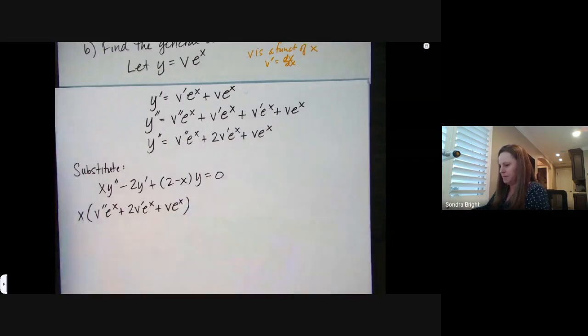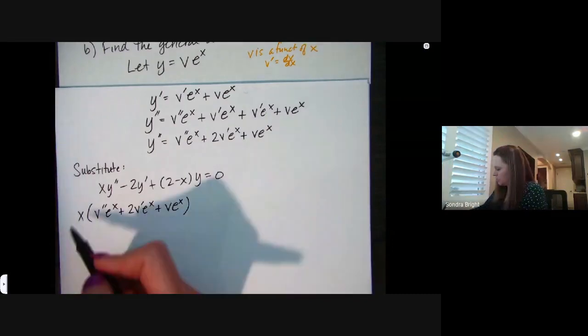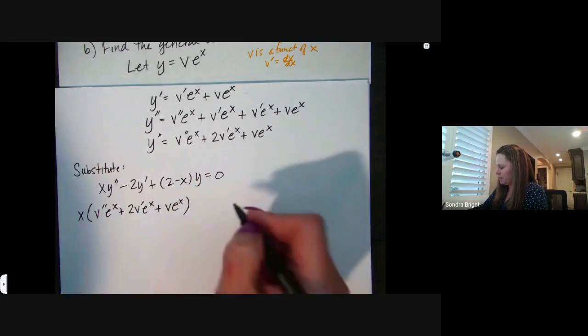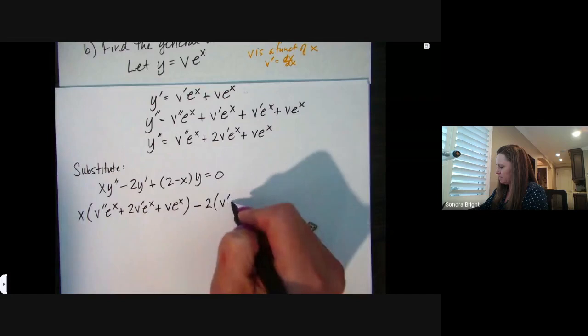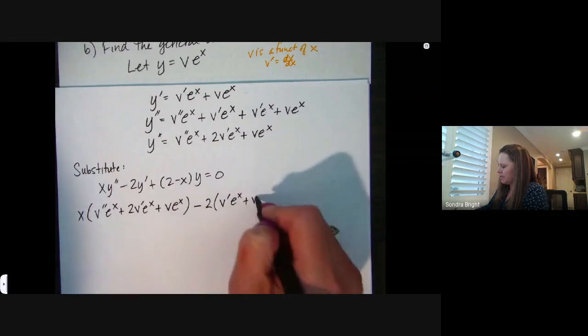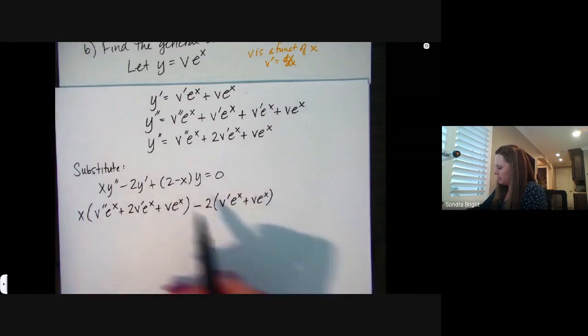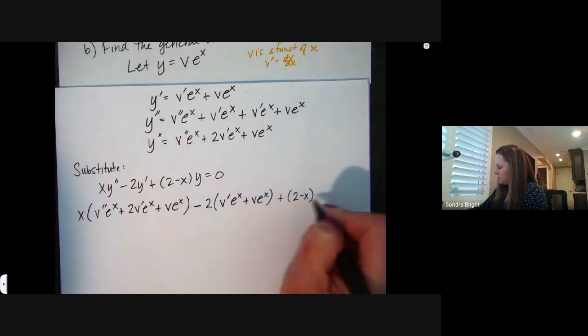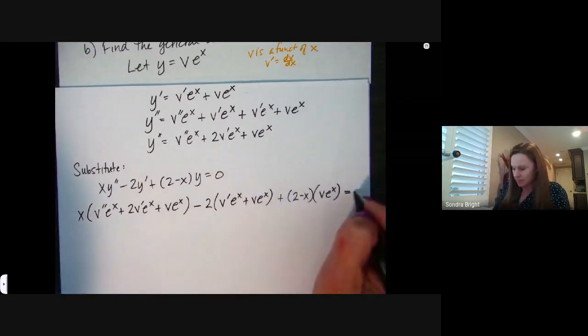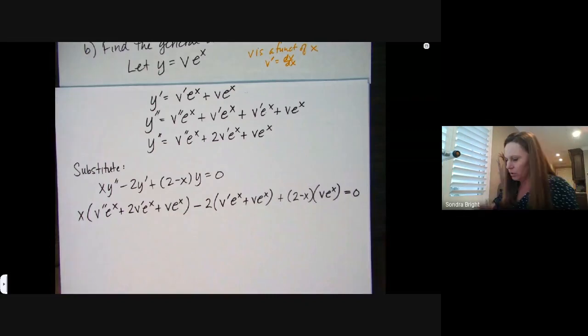And then minus a 2 times y prime, v prime e to the x plus v times e to the x, and then plus the quantity 2 minus x times y, which was just v times e to the x, and set that equal 0. And our goal is to solve for v.